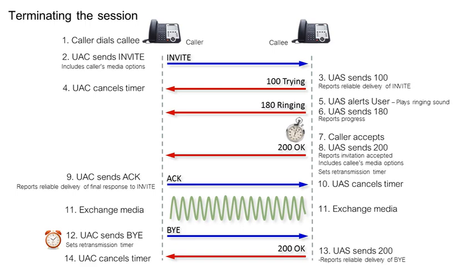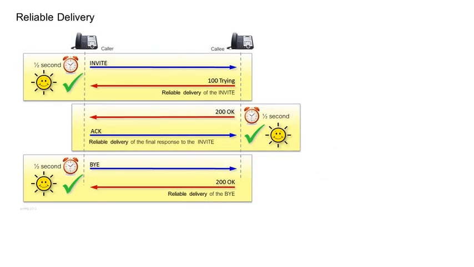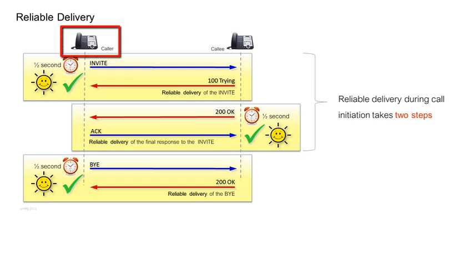Comparing call setup and call termination, we see that reliable delivery in call setup is a two-step process, with first the upstream user agent client managing the INVITE timer and retransmissions, followed next with the user agent server managing the final response timer and retransmissions.